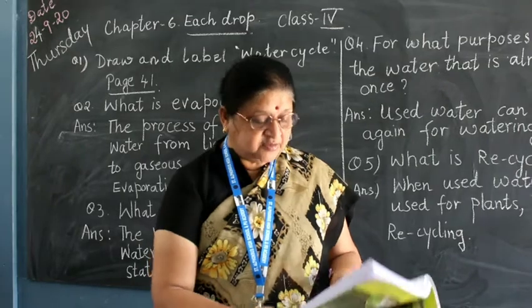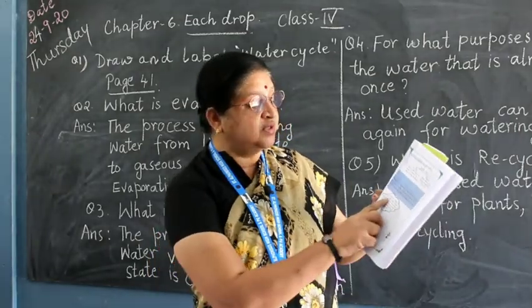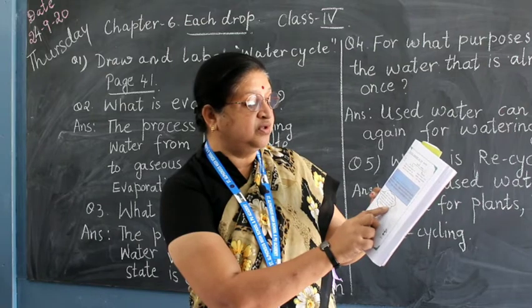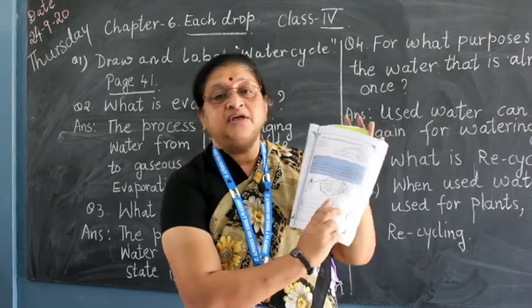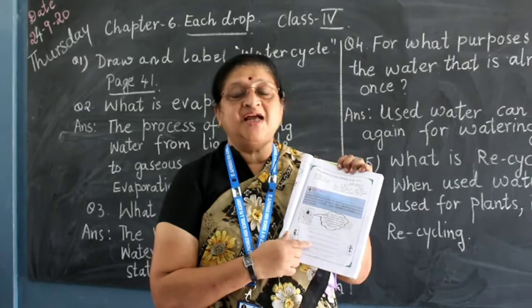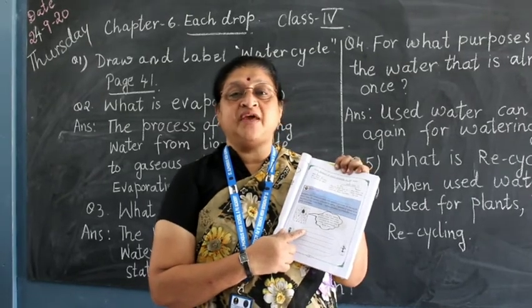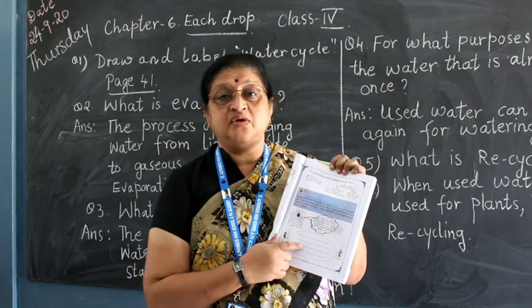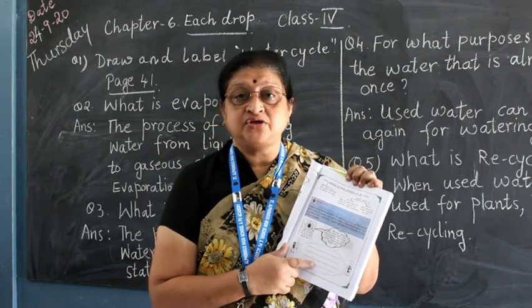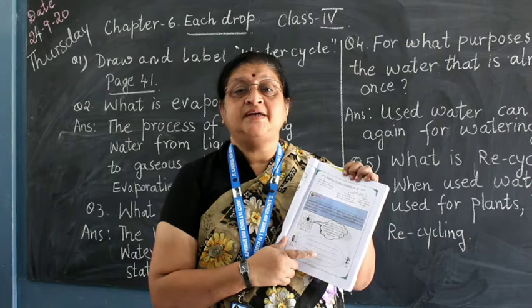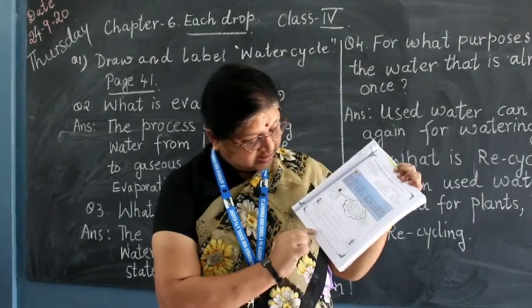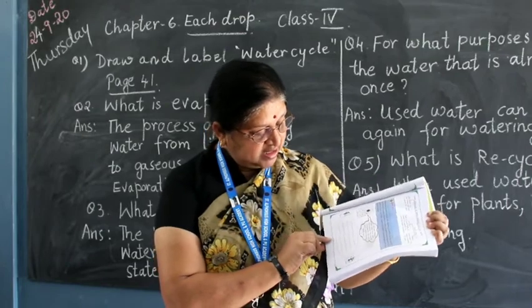Then you also have some small questions here. Are you using water more than your requirement? For which activity do you use water? So you can write all the activities: cooking, drinking, washing the clothes, having your bath, cleaning the vessels. All this is on page 48.